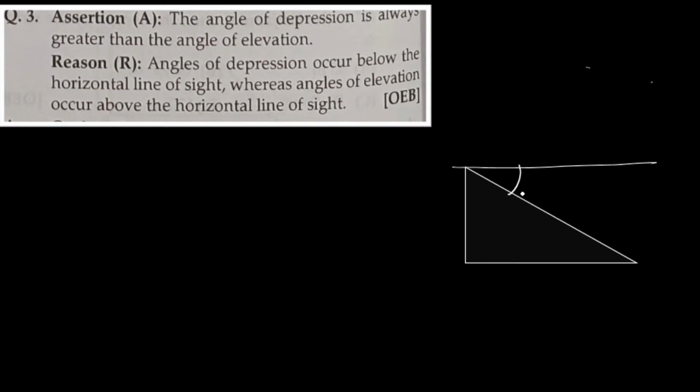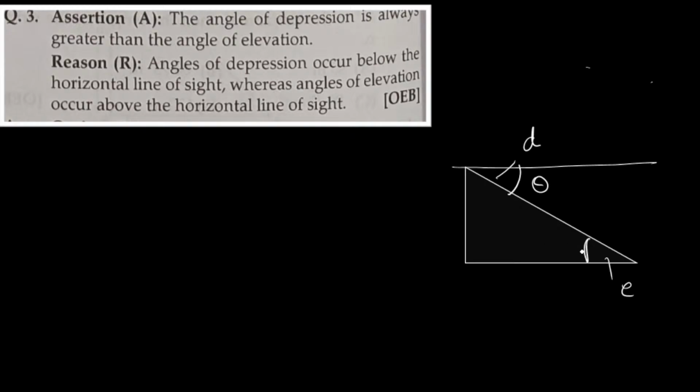So here I am getting angle of depression. This is angle of depression and this is angle of elevation. This is angle of depression. This is angle of elevation. Both I have mentioned. So it's mentioned angle of depression is always greater than.